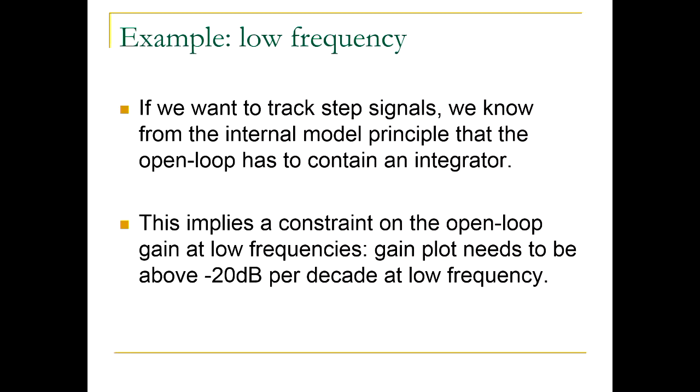The open loop is a product of some basic transfer functions for which we know Bode plots, and we just add them together. So if you have an integrator, what is the Bode plot of an integrator? Does anyone remember? I'm talking about magnitude. It's just going down at -20 decibel per decade.